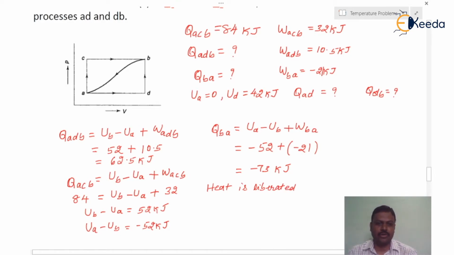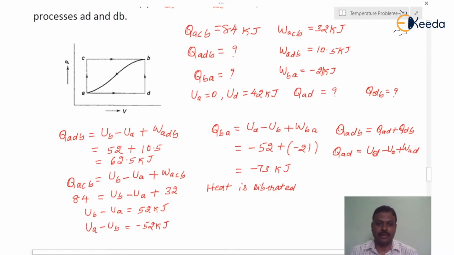Then to find out QAD and QDB, here we have QADB equal to QAD plus QDB. Here QAD equal to UD minus UA plus WAD.